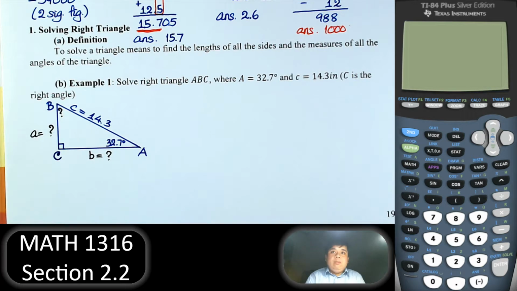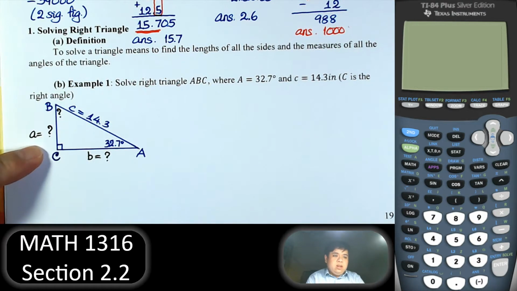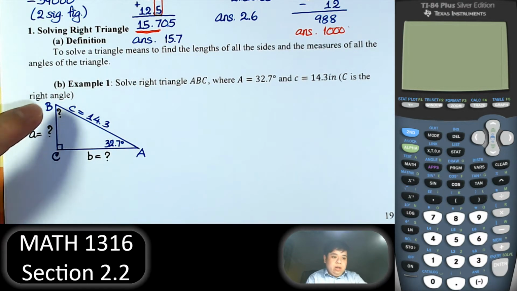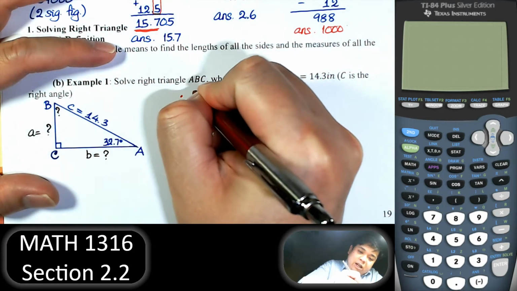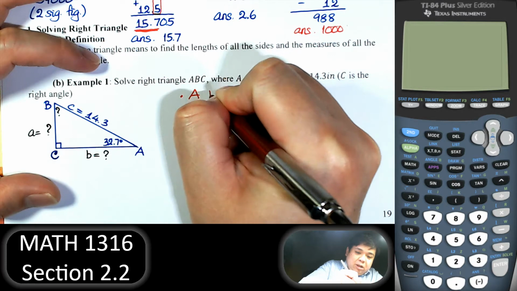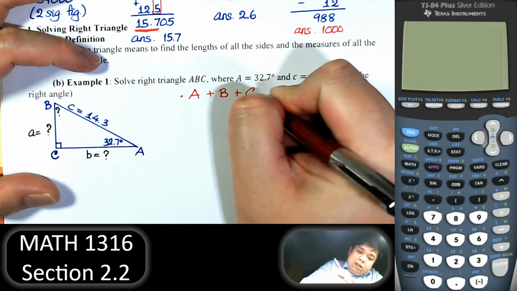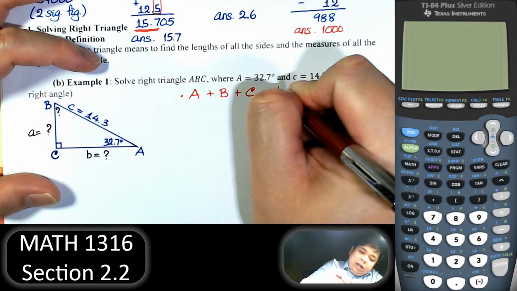So what can we find? First things first, in a triangle, all angles add up to 180 degrees. If we know one angle and the right angle, we can find the last angle. That will be the first thing I go with. A plus B plus C is 180 degrees.